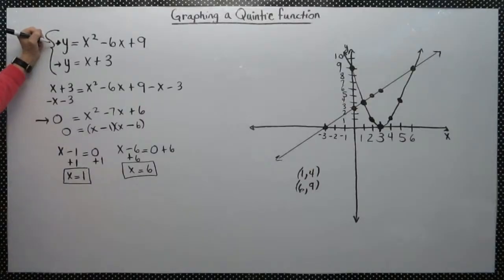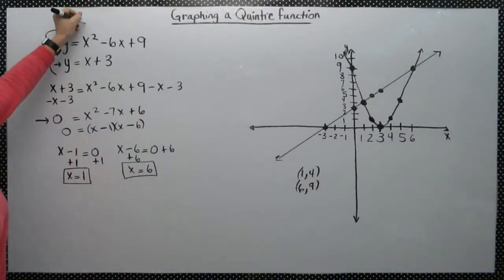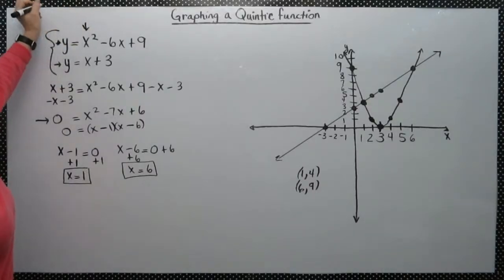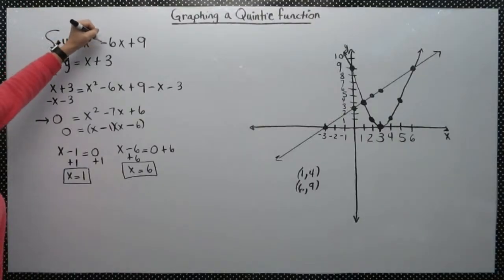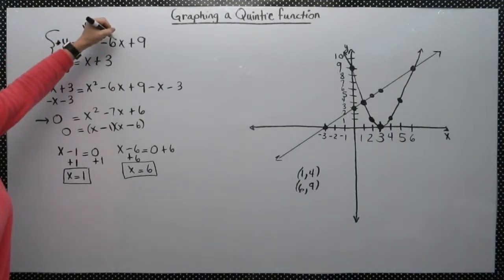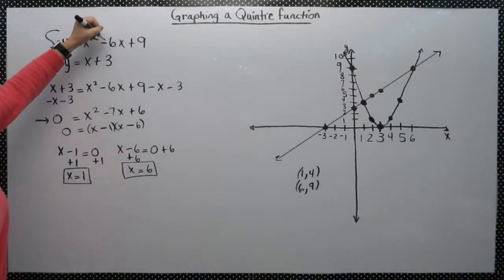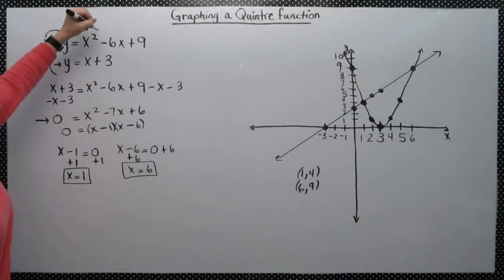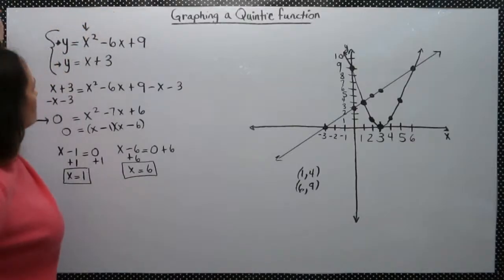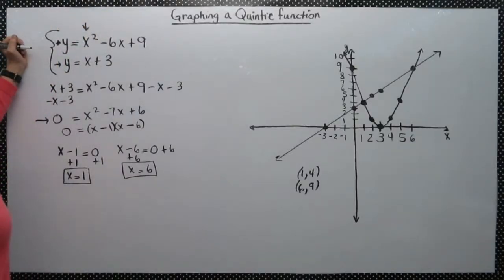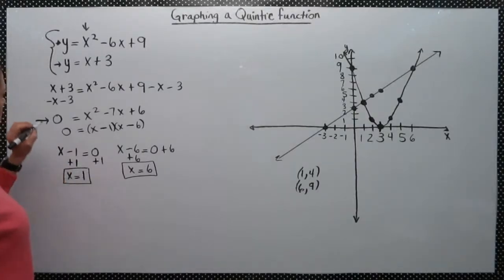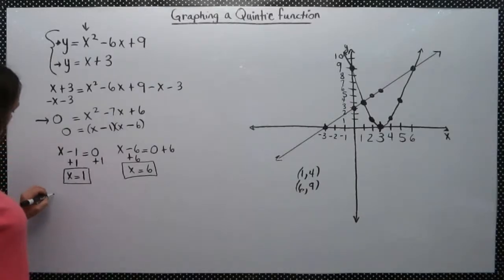So if I plug when x equals 1 here into this top equation, 1 squared minus 6 times 1 plus 9, that's going to be positive. Wait, 1 minus, yeah, I had it. It was positive 3. When x is 1, y equals 1.